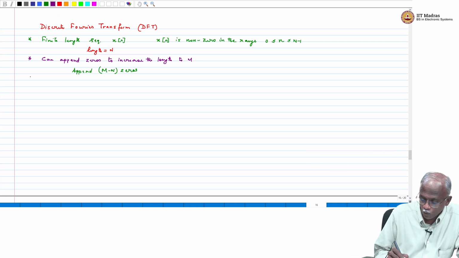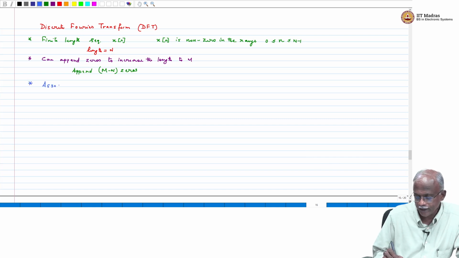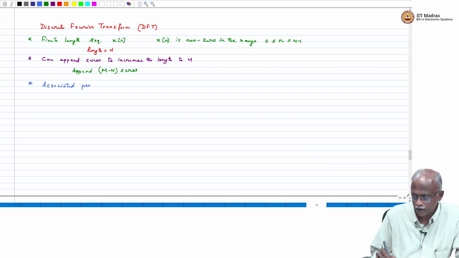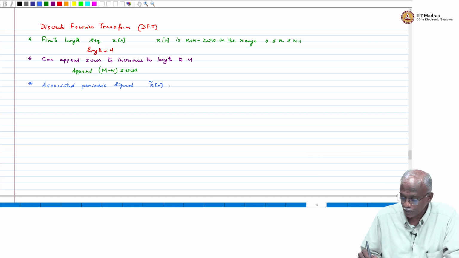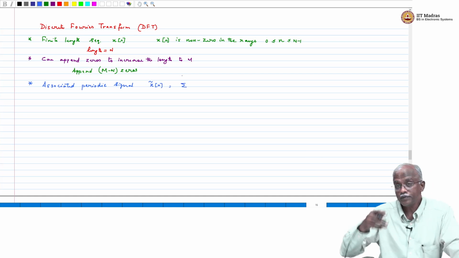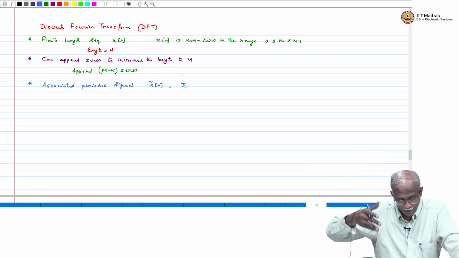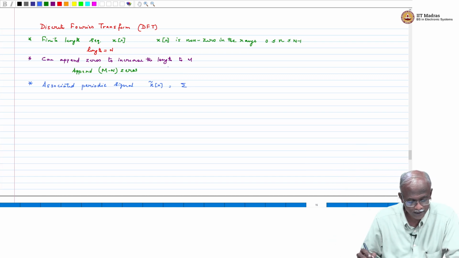Now with this we can connect it to a periodic signal. Let's call it the associated periodic signal. The associated periodic signal is x tilde of n, and this is produced by convolving with an impulse train spaced N samples apart.